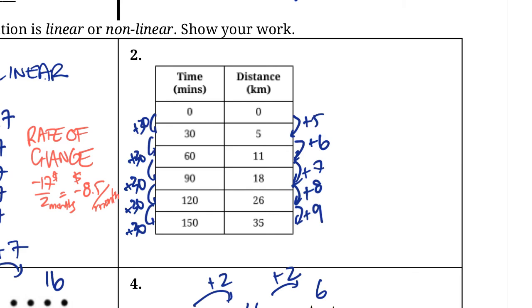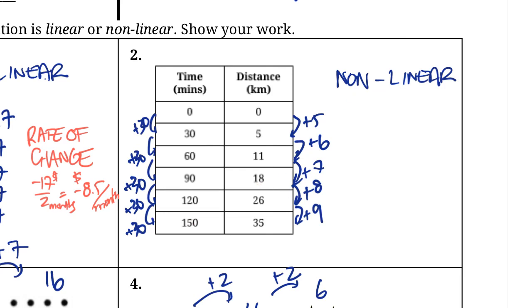So this is actually nonlinear. And another reason why is because if we were to find the rate of change for each one of these, we would do 5 divided by 30 to find the rate of change for the first 30 minutes, 6 divided by 30, 7 divided by 30. We get a different rate of change for each value that we use. So that's another way to say that it's nonlinear, is that the rate of change is not the same.